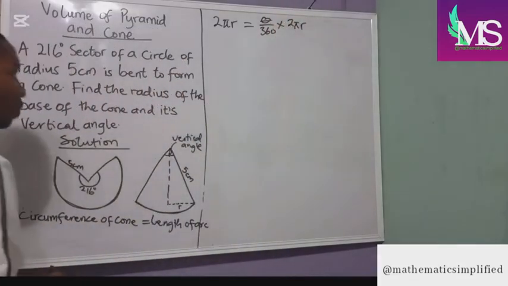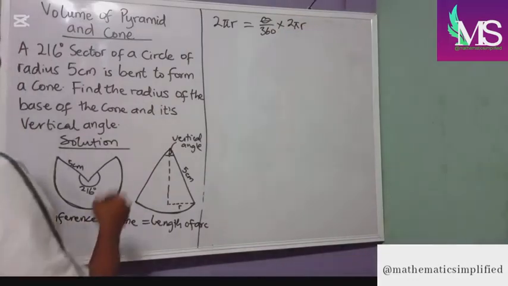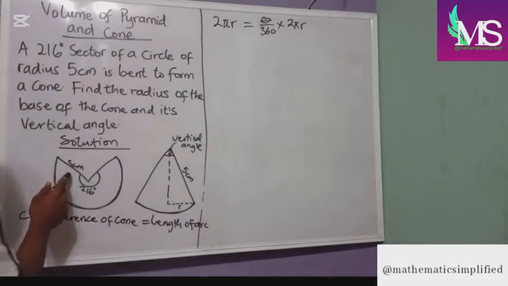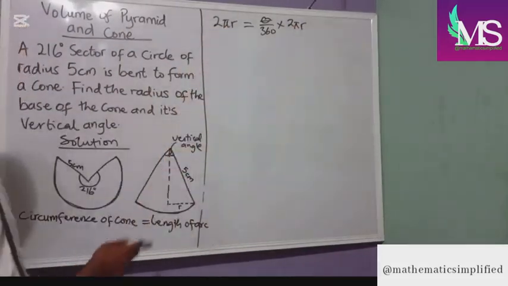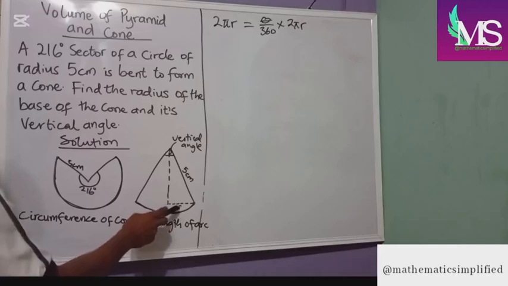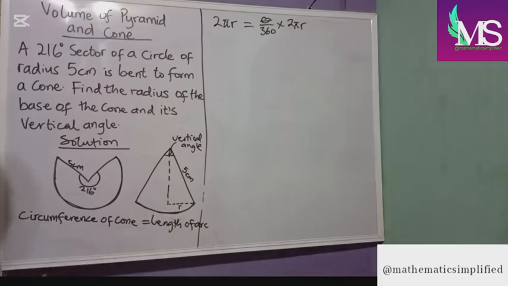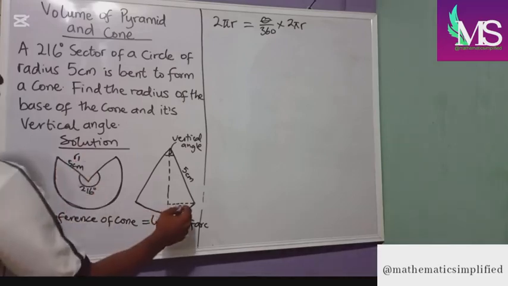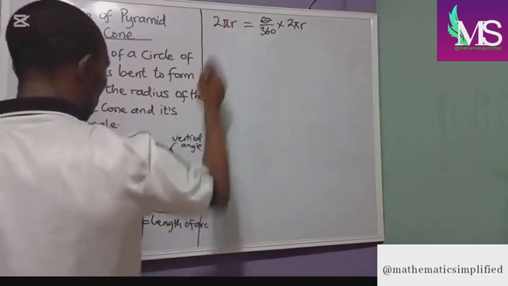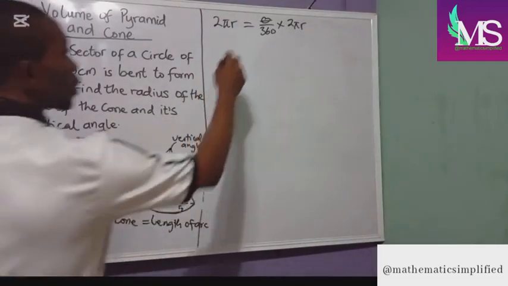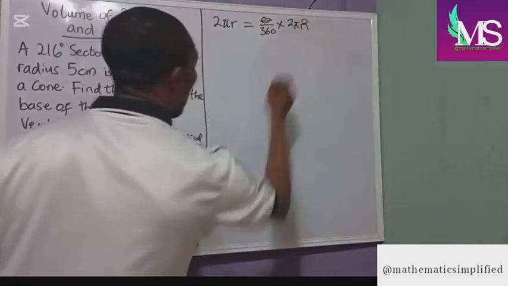Where this r is the radius of the arc, and this r is the radius of the circle, which is the r we are looking for. So let me call them big R and small r, that would be better.